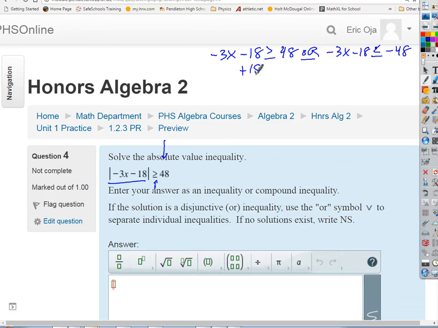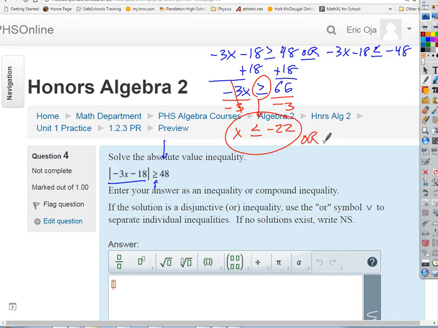So we'll add 18, and we get negative 3x is greater than or equal to 66. Then I'm going to divide both sides through by negative 3, which means I'm going to have to flip the inequality, and I get x is less than or equal to negative 22.